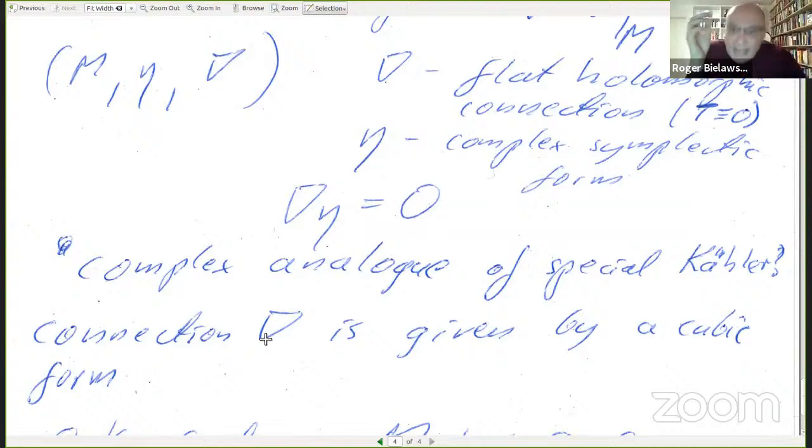Yes, but I am saying that M, your M, not X, is not special Kähler; it's a complex analog of special Kähler in this sense.